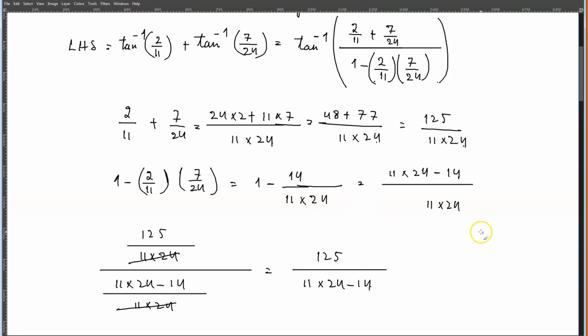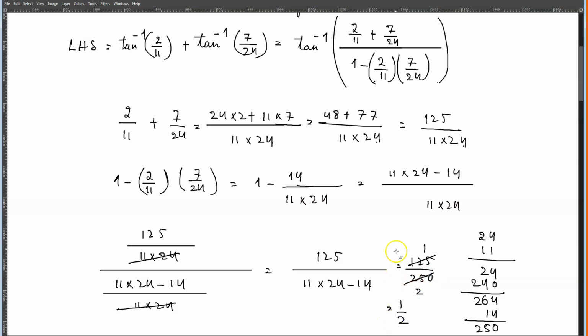And what is 24 times 11? That is 264. Subtract 14 from it, you'll get 250. So that's 125 by 250, which is equal to 1/2, right?